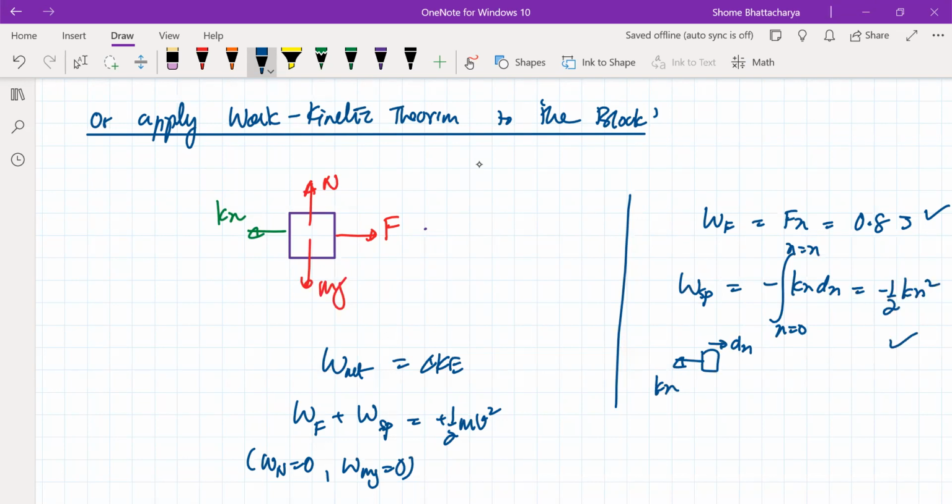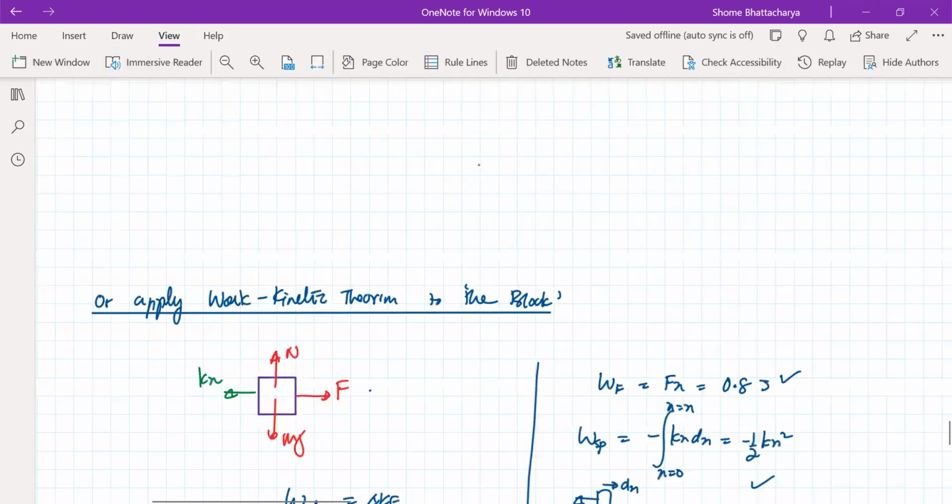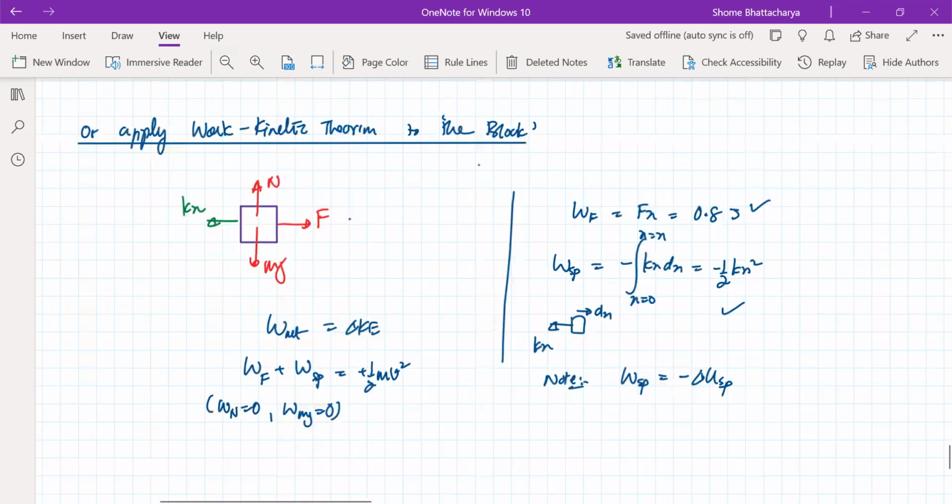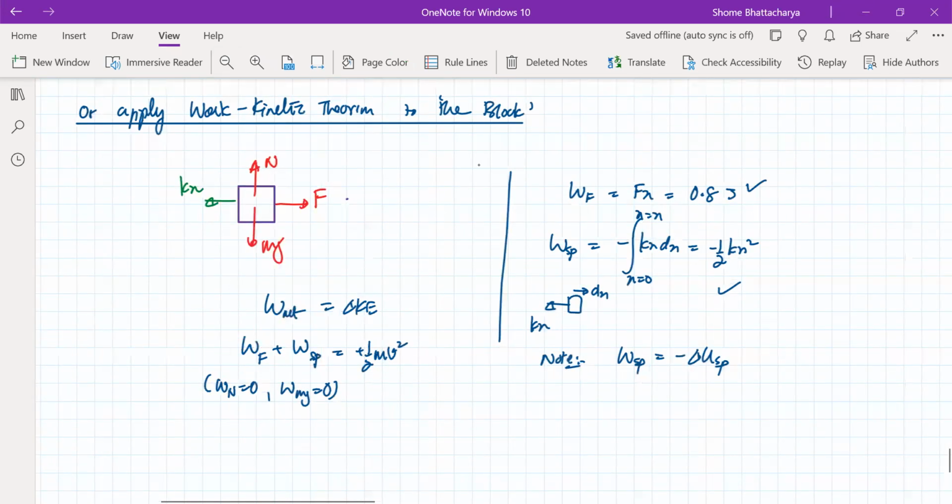Another thing you can see here is that the work done by the spring has this relation with the potential energy of the spring. Delta U is negative of work done by the spring. So delta U of the spring was positive half kx square. Work done by the spring is negative of half kx square. It is minus 0.5 joules.